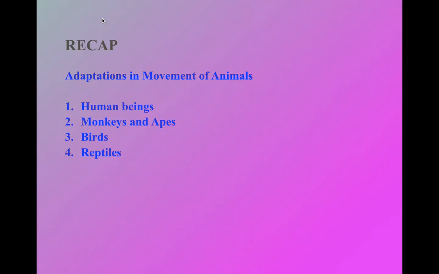Sometimes they will use forelimbs also for walking. In the case of birds, wings are modified forelimbs and they are also having legs that are hind limbs. Coming to the case of reptiles, especially snakes, they will move with the broad plates present on their lower body.